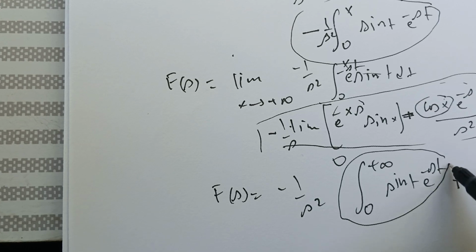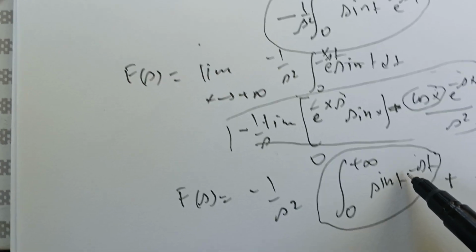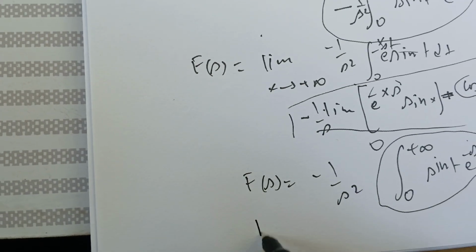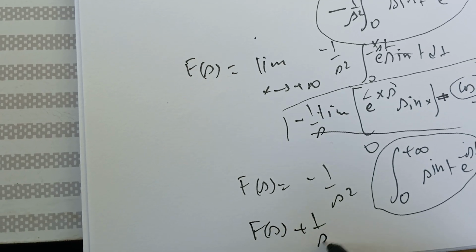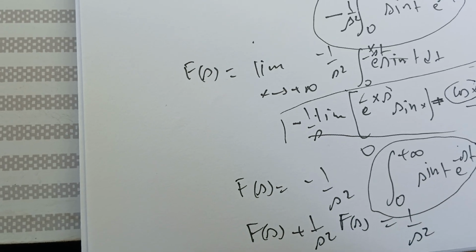What's this one here? This is the one that I'm looking for. This is my Laplace transform. Therefore, I have F of s plus 1 over s squared F of s equals 1 over s squared.